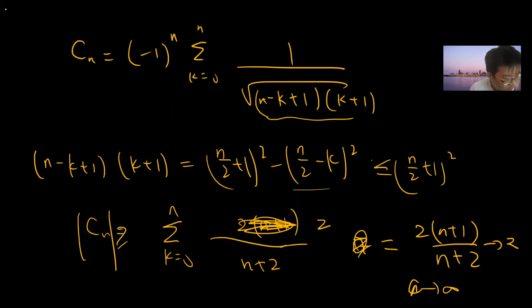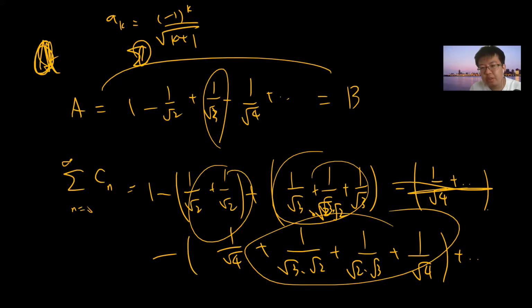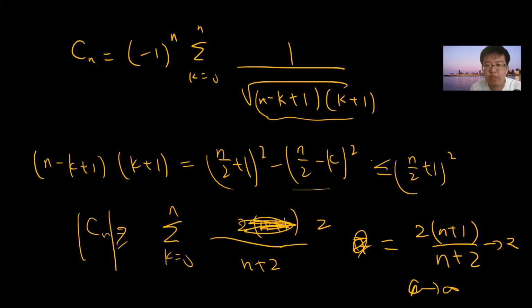Okay. So now the problem is that even though A and B converge, Cn, the product of the two sequences, does not necessarily converge. So this is the theorem that we have to prove, called Merten's theorem.